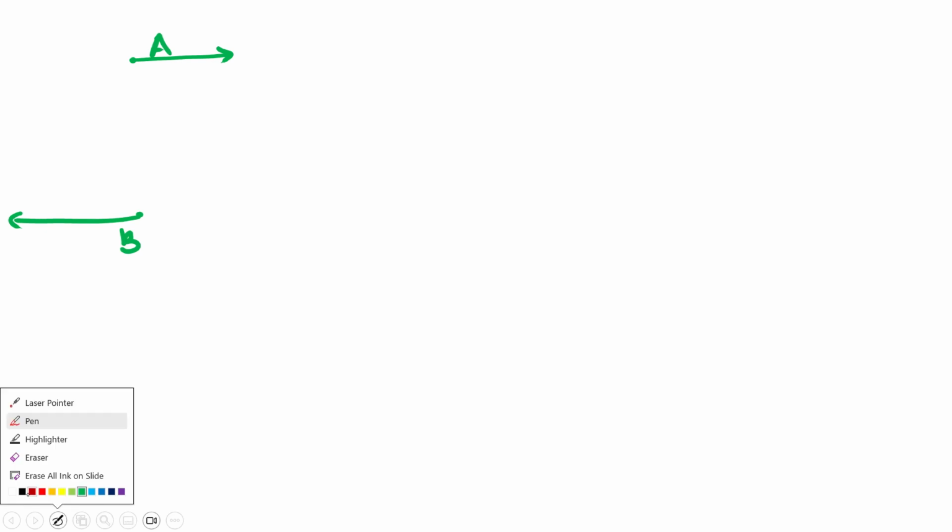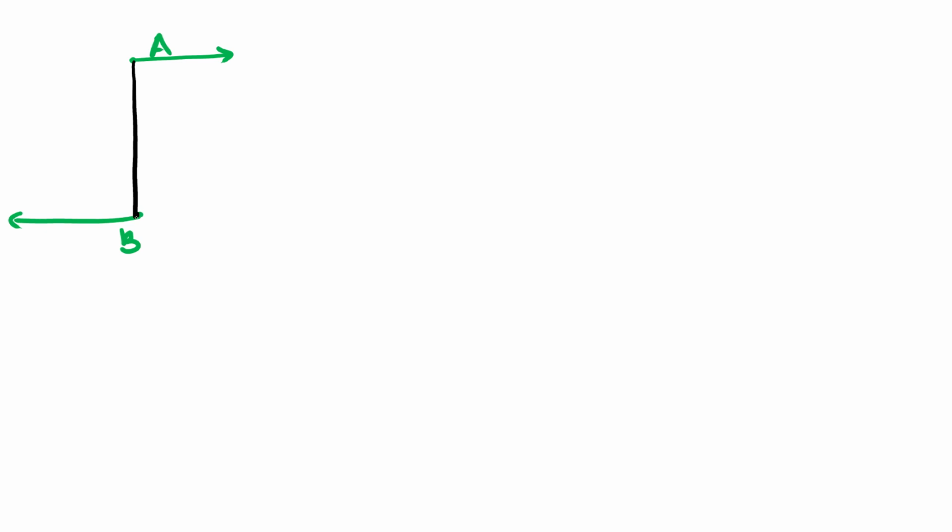This is A and I have B. And then there is a center for both of them, maybe here, maybe here, whatever. There is a center for both so that they both rotate around this center.